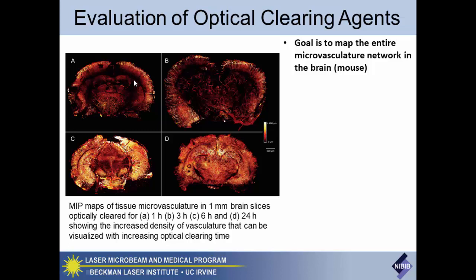But when it's native and still uncleared, you have a very limited number of vessels that you can identify due to the scattering of light. You can only really see the larger ones. You can't see the fine detail. However, once you start clearing the tissue, you can get higher and higher densities of mapping out these vessels in the brain.